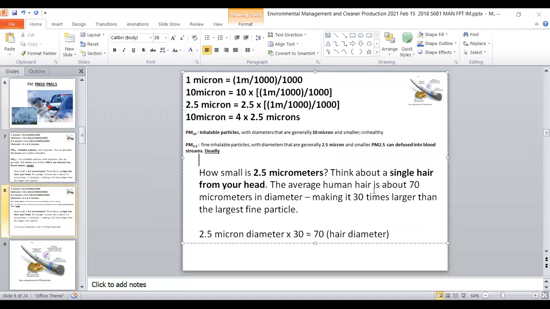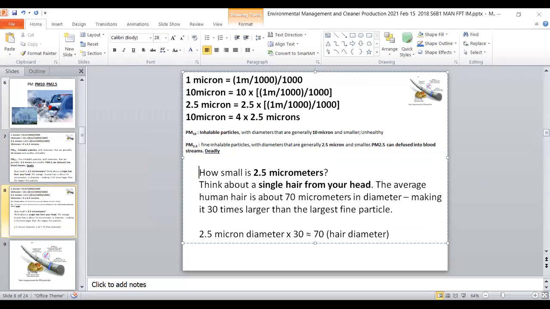Think about a single hair from your head. That's how we should compare. The average human hair is about 70 micrometers, which means 70 microns. Microns means micrometers.